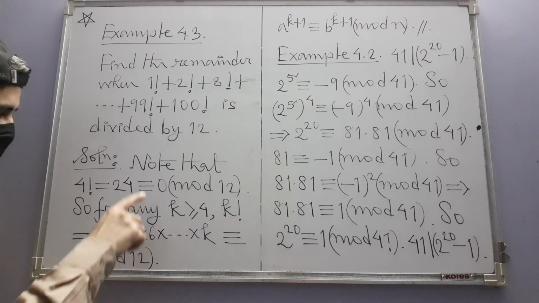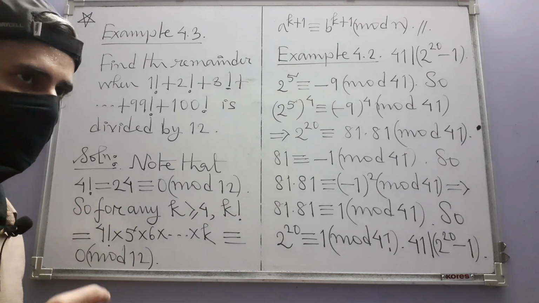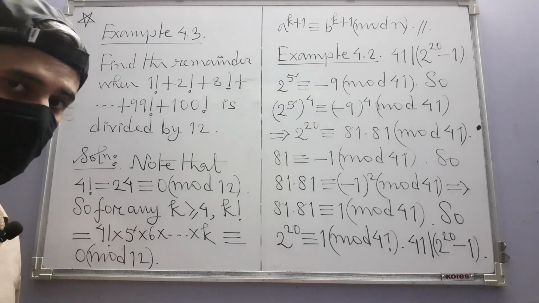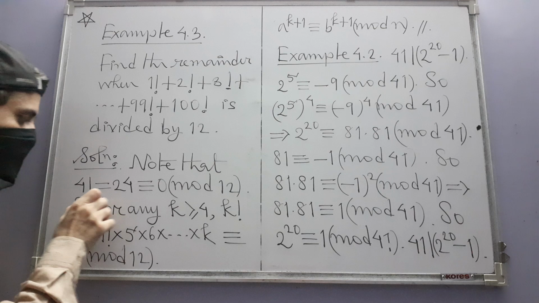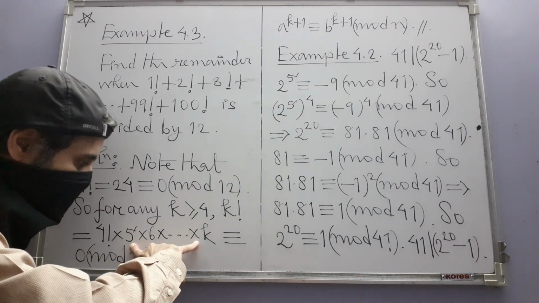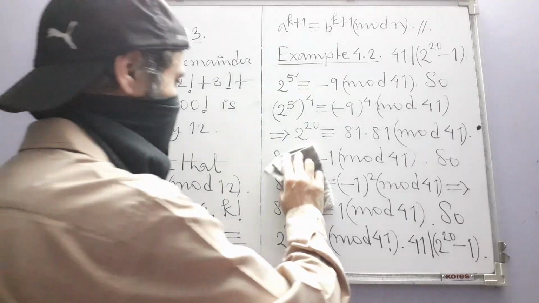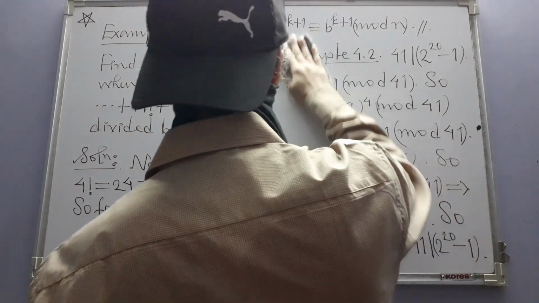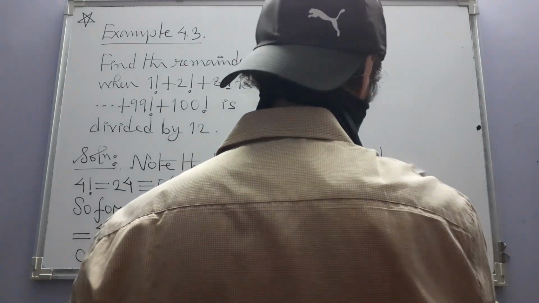It is that result. You see, on both sides of this congruence, you can multiply by an integer, say c. If a is congruent to b mod n, then ac is congruent to bc mod n. That c is this one here, 5 times 6 times up to k. Okay, so using that part, we are getting this. Hence, using the fact that you can add congruences next, we get this.